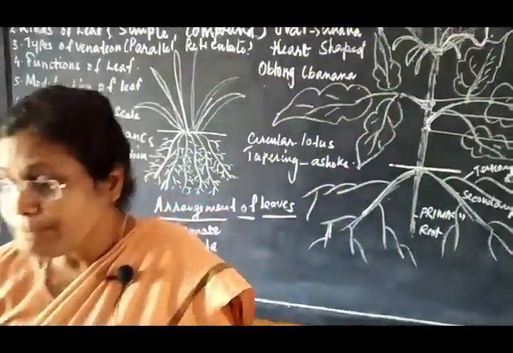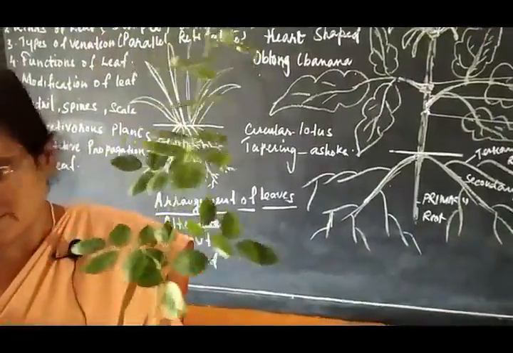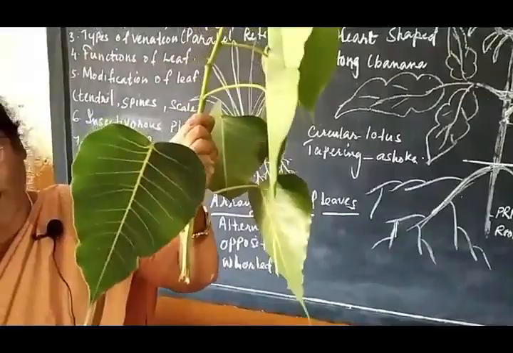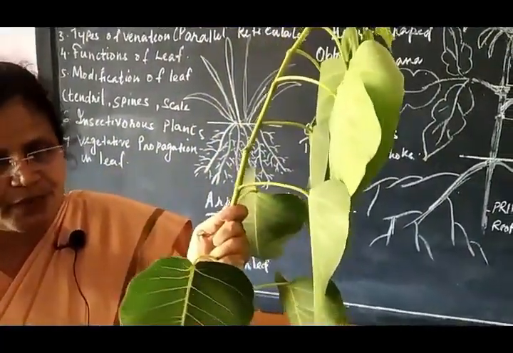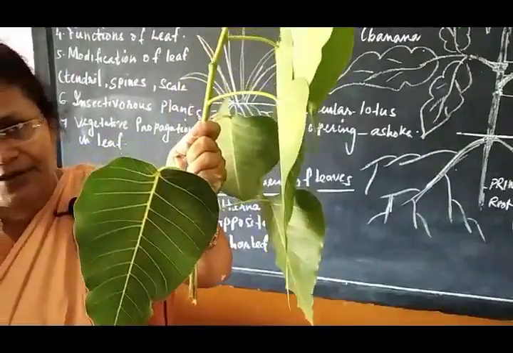Whereas in a compound leaf, in a simple leaf the midrib runs all along as a single one without any break. That is why the petiole is in continuation as a single midrib.